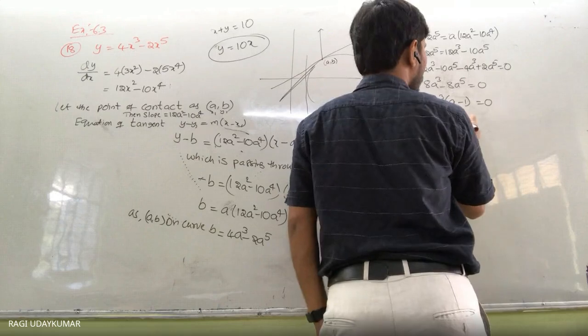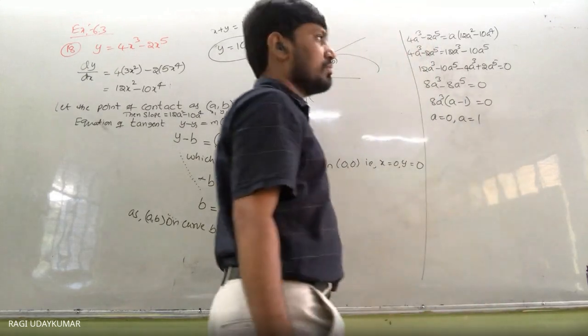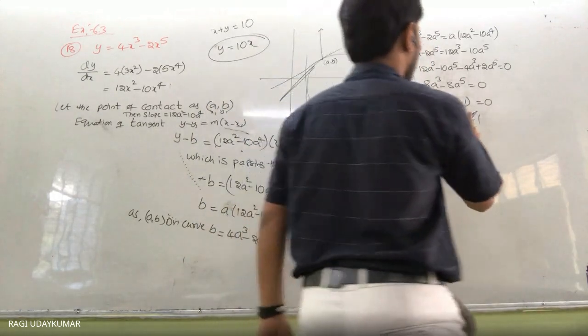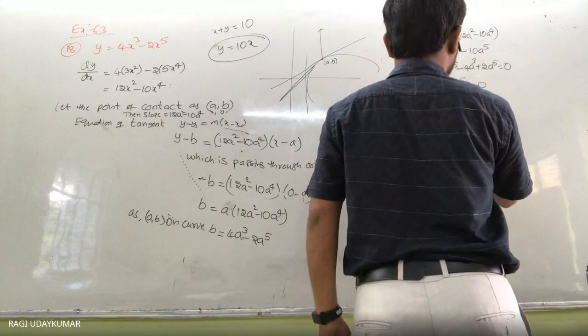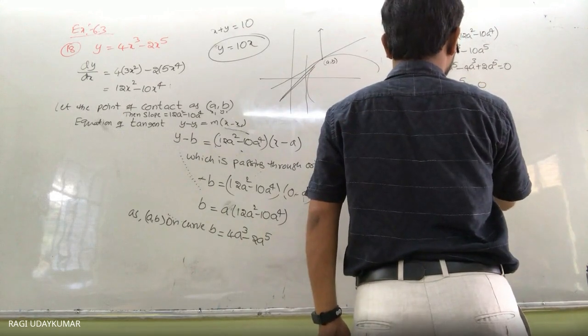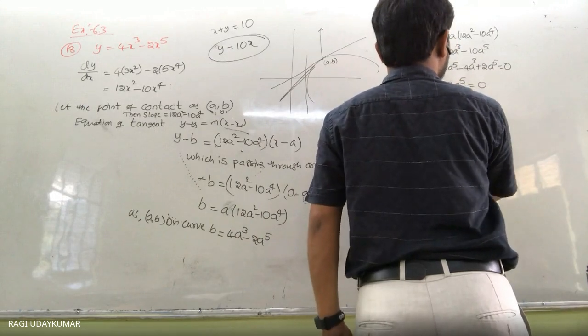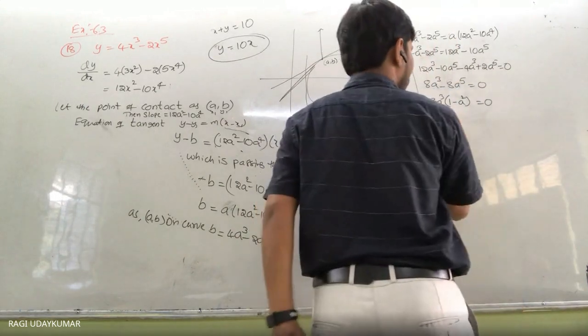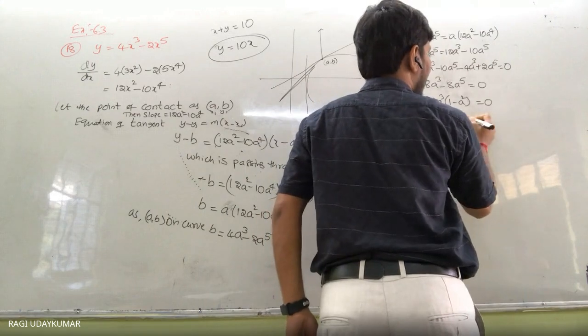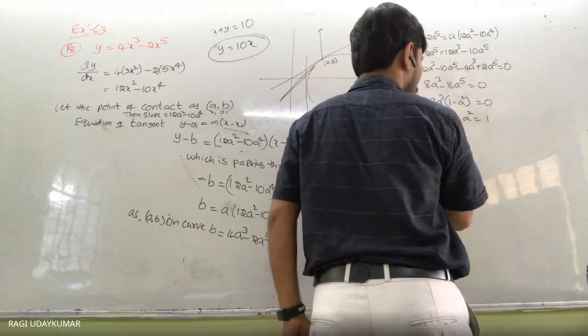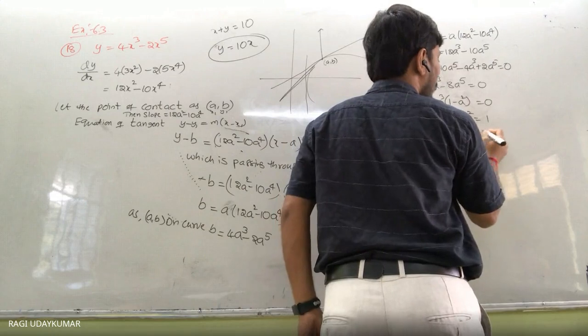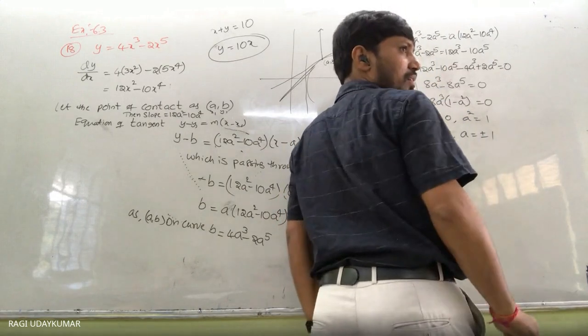Oh, sorry, sir: 8a cube into 1 minus a square. So a cube is equal to 0 and a square is equal to 1. So a equal to 0, a equal to plus or minus 1.